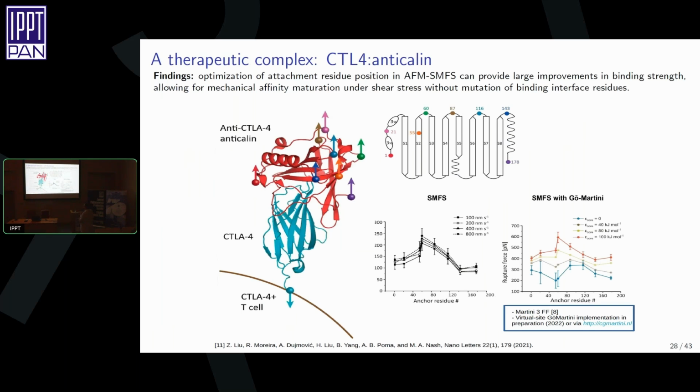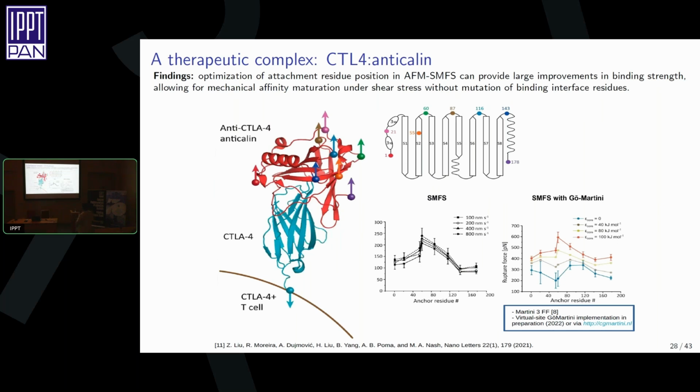So experimentally, what they found before us was that they wanted to optimize the anticalin protein by pulling from different residues. And this is the cartoon of the secondary structure of the protein. And you have the N and C terminus also.